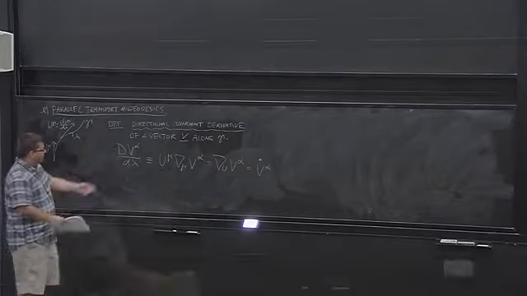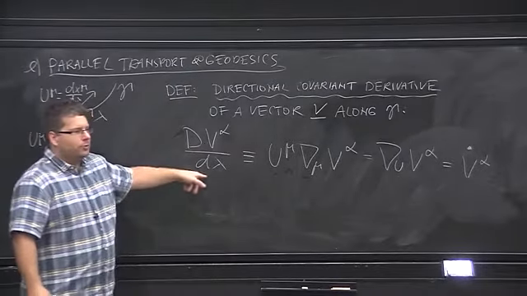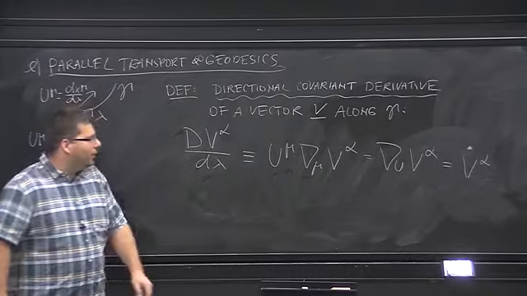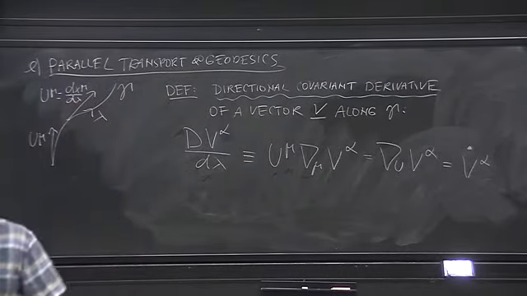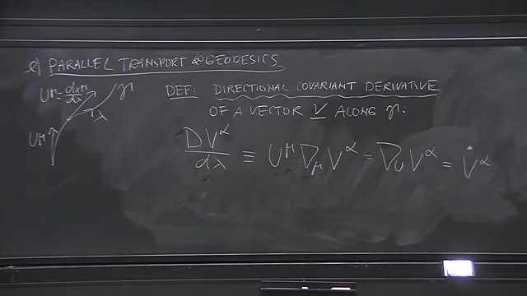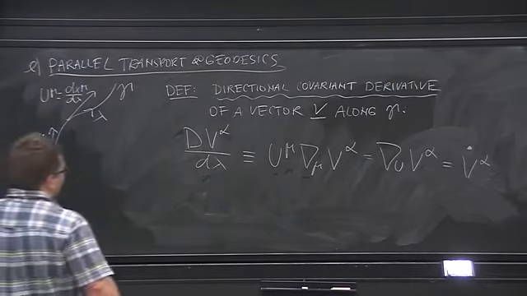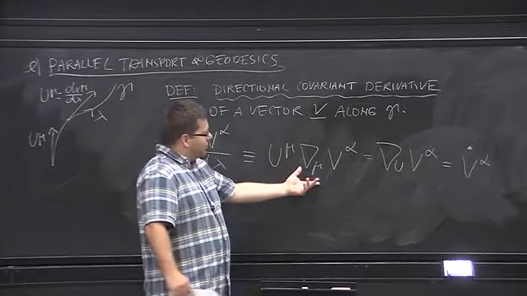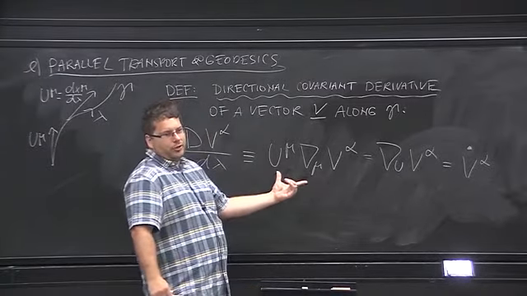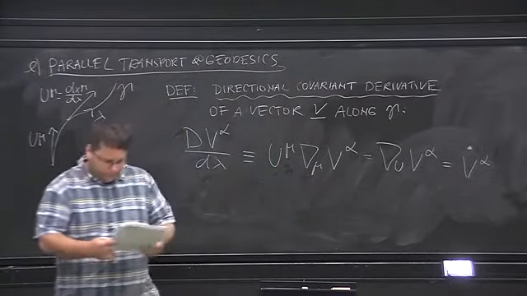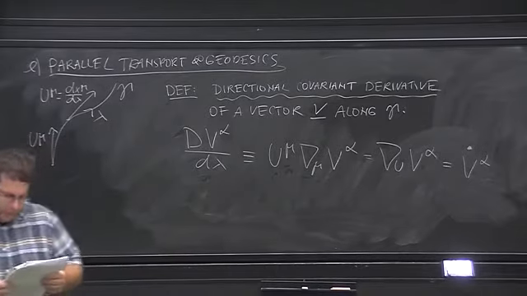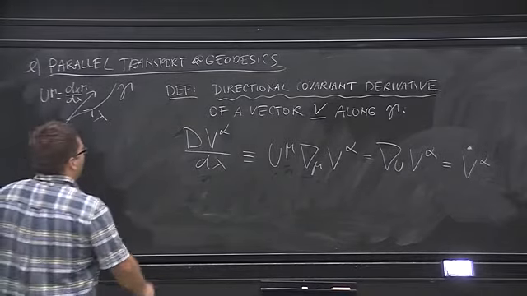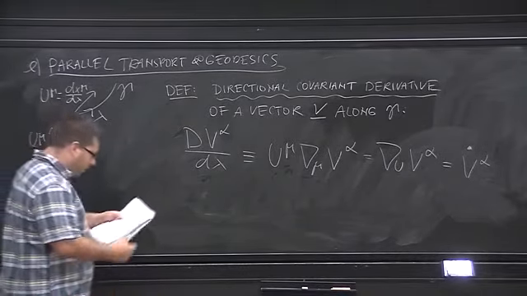The dot means the derivative of v with respect to the parameter lambda here. It's just a shortcut for notation. But of course, if I replace the covariant derivative with the partial derivative, this would be just a directional derivative of v along u, right? All right, so that's definition number one.